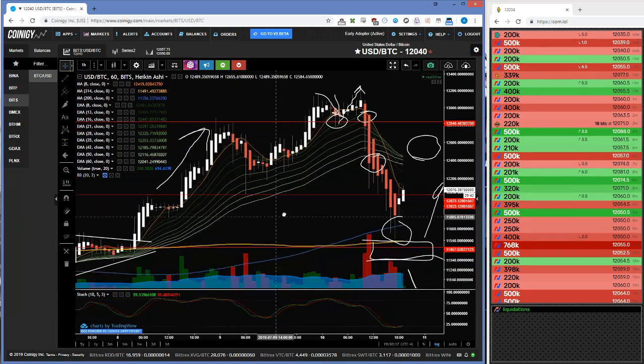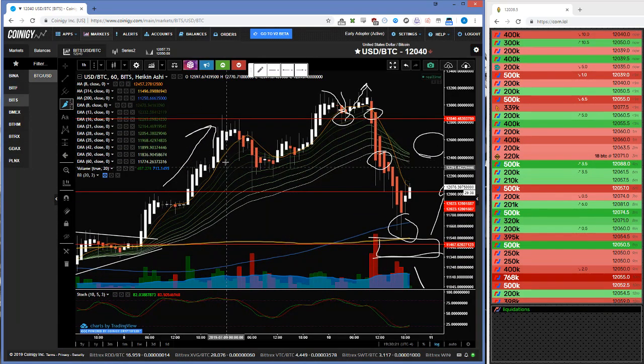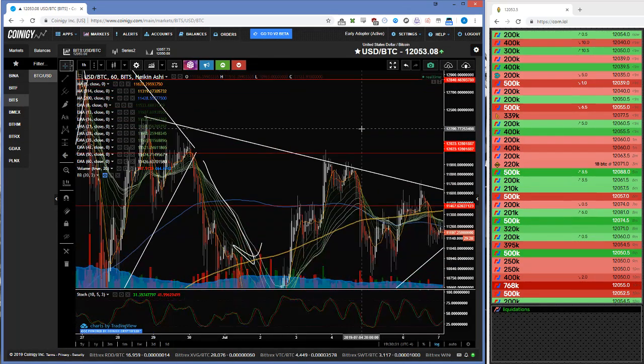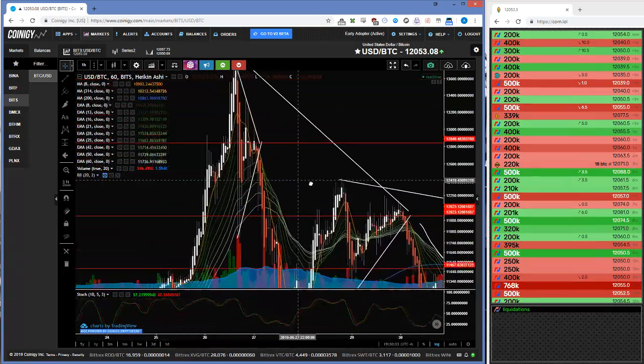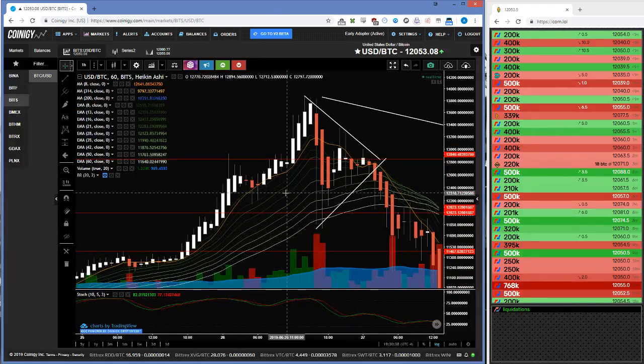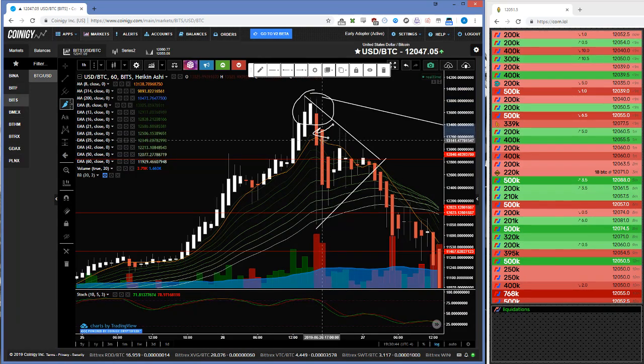And also with the bands, if it overextends too far from the bands, that's when you're trying to counter trade it. So like up here, we got really far from the bands, they're here.